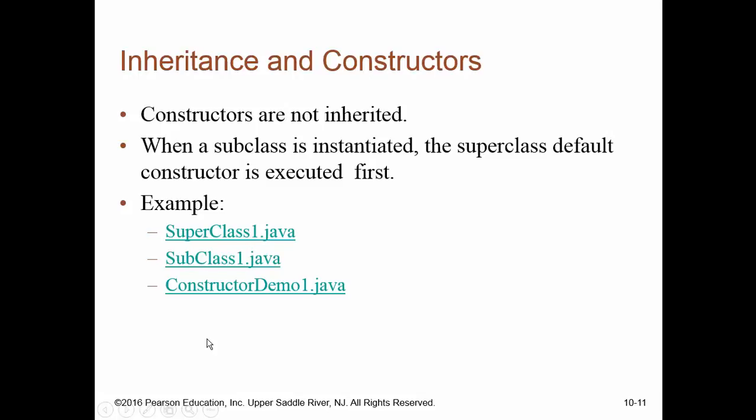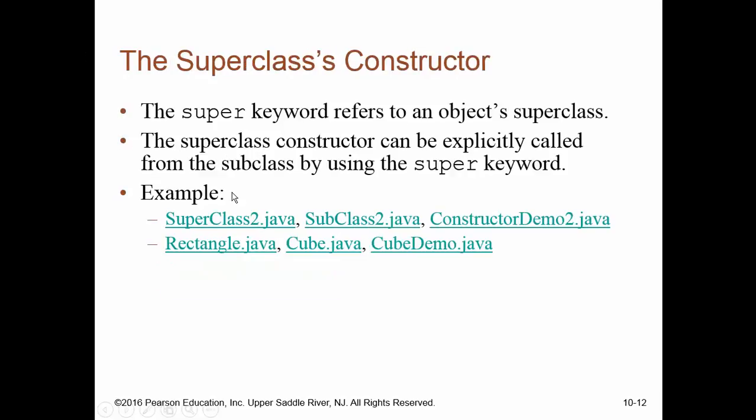Okay. Now, notice here, constructors are not inherited. So if final exam is a child of graded activity, and final exam has a constructor, it does not automatically call the graded activity constructor. Now, you may think, well, wait a minute, it doesn't sound like you're exactly right.